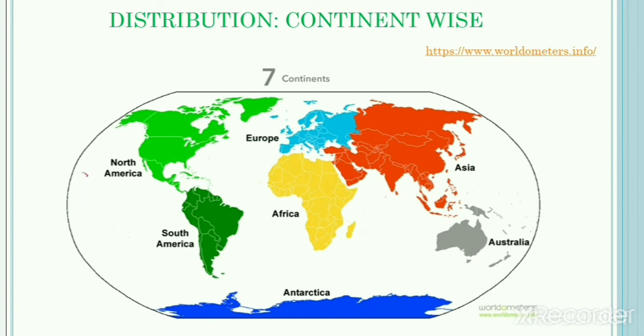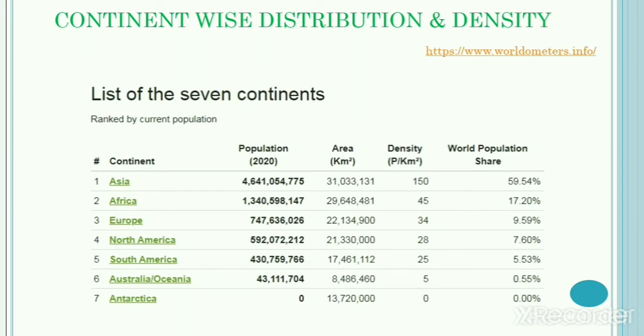Now, if you look into the distribution of the world population continent-wise, Asia, obviously, with India and China, accounts for the largest share of population. The continent consists of 4.64 billion population with a world share of 59.5%.